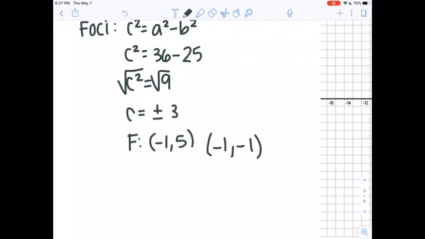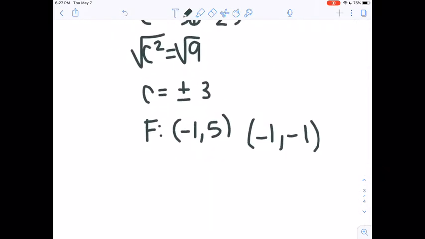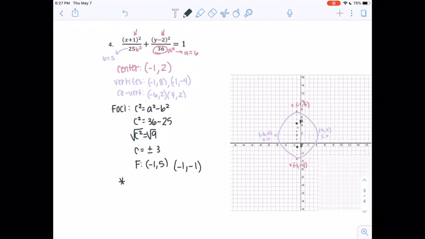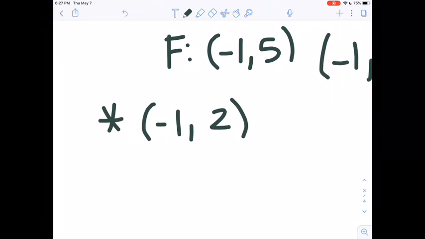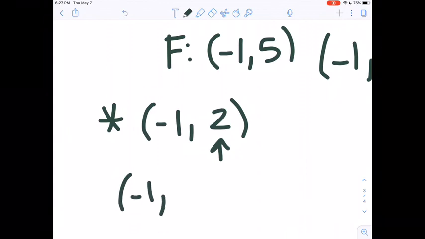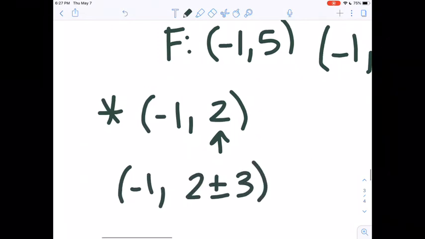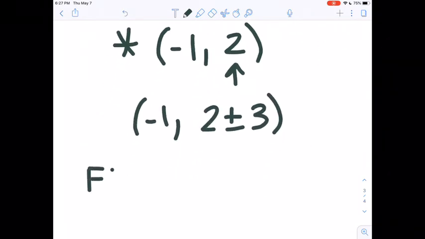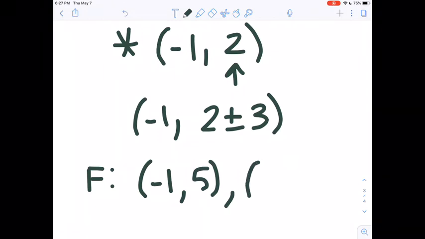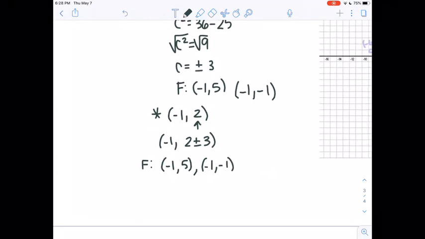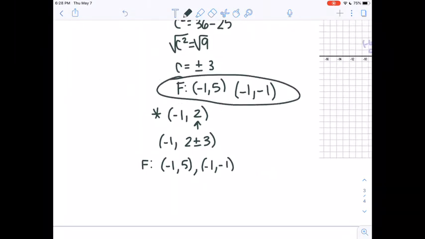Now, if you wanted to use it from the center, this is an alternative method, I know the center is at negative 1, 2, and I could add to the y value, because I'm shifting up and down, plus or minus 3. So for one point, we would get negative 1, 2 plus 3, that would be 5, so we already found that point, and negative 1, 2 minus 3, that would be negative 1, and you could get your focal points that way as well.